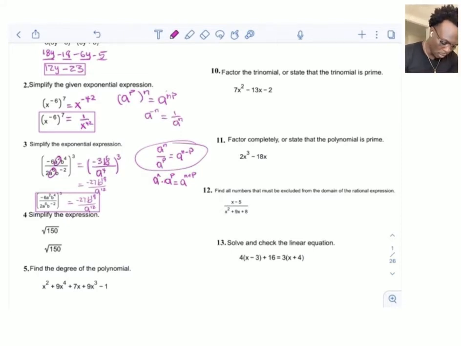So that's it for number 3. Now let's see number 4.